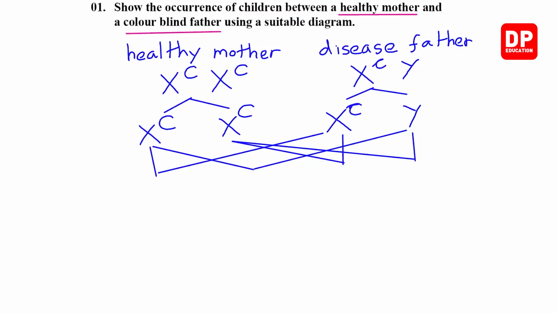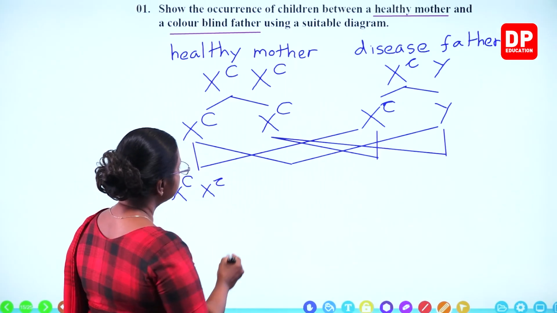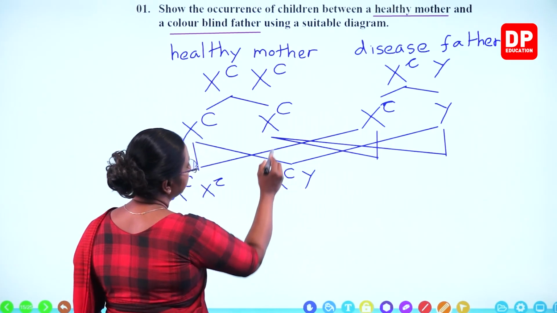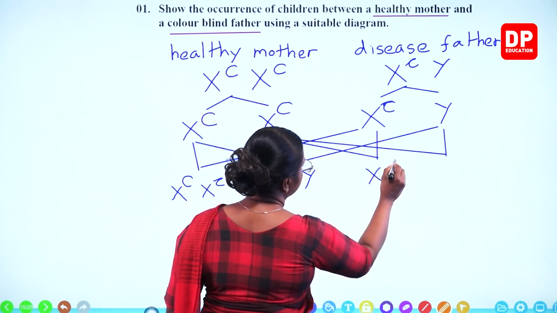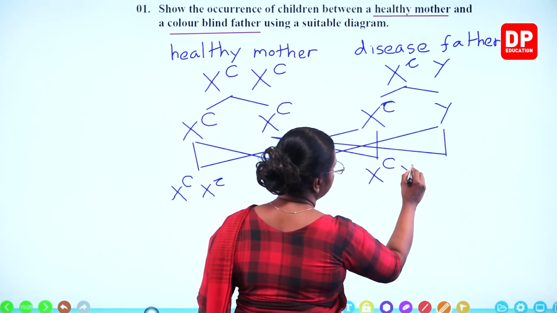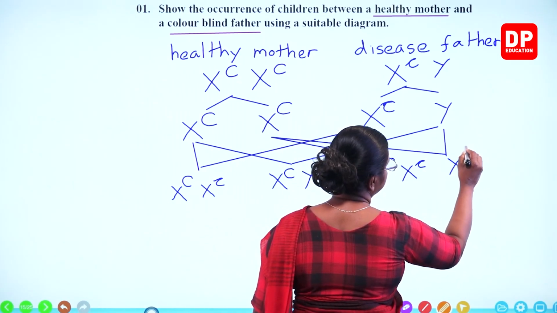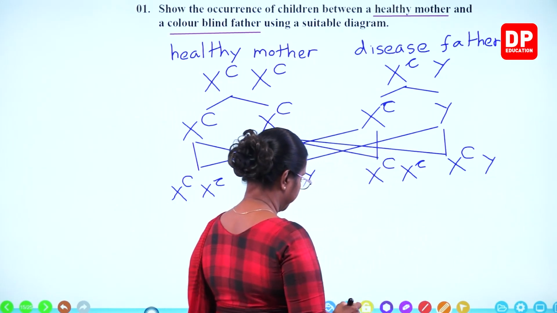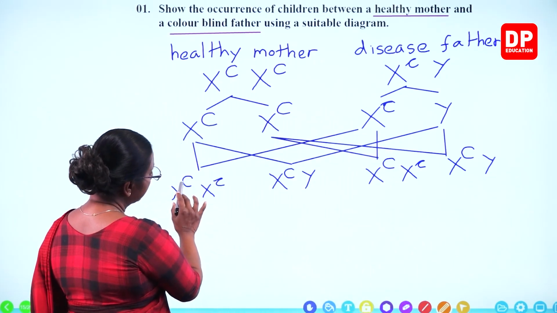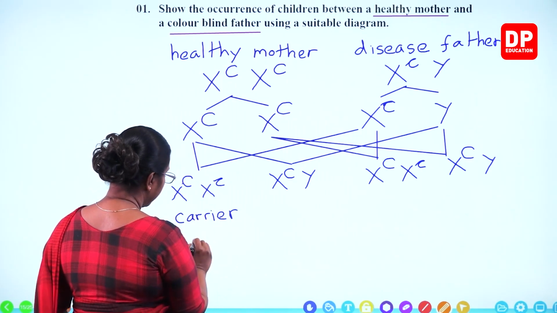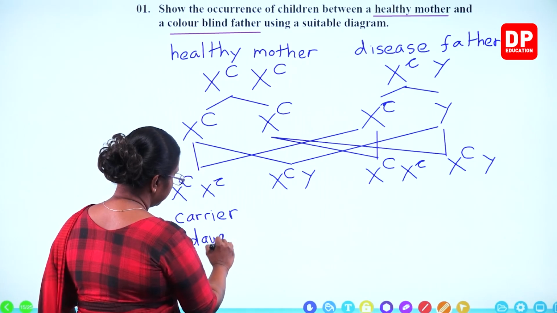Here it is going to be X capital C, X simple C. Then X capital C, Y. X capital C, X simple C, X capital C and Y. So daughter, capital C simple C, carrier daughter.